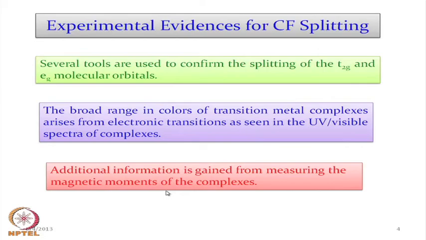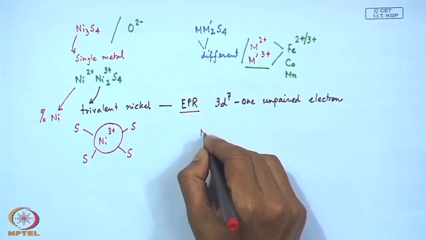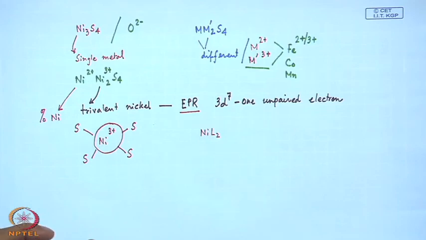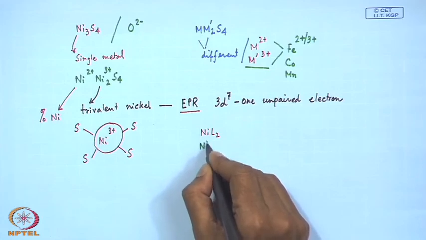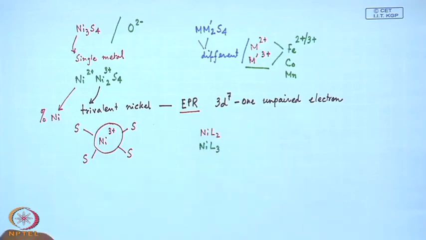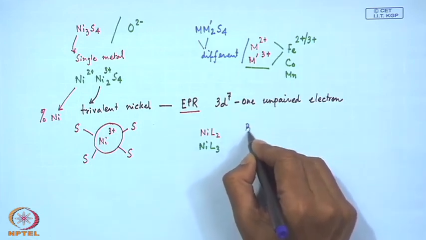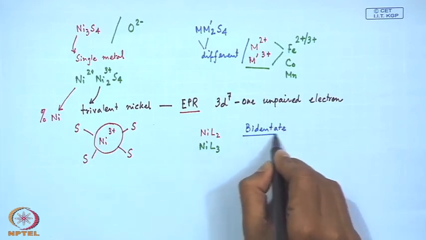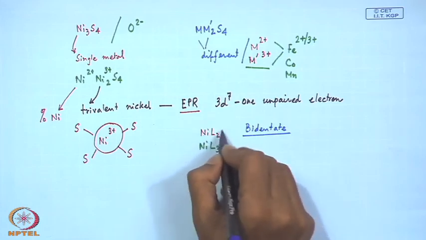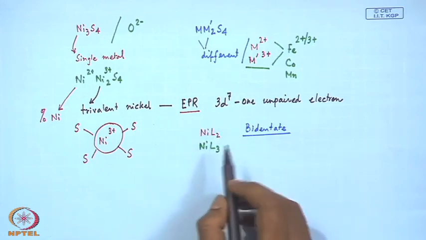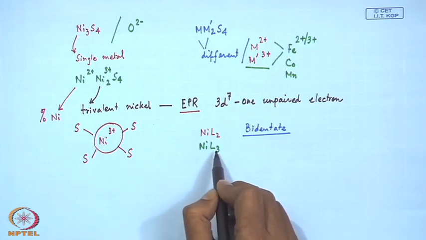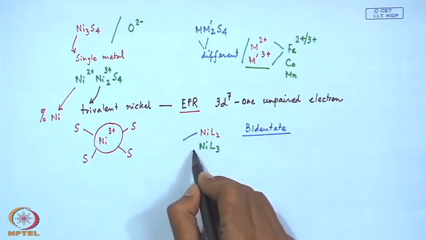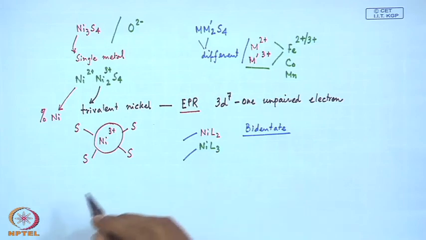So if we have a particular metal complex, say NiL2 or NiL3, and if L2 and L3 are all bidentate ligands, we will find that we can have two geometries due to the presence of two such ligands and another geometry due to the presence of three such ligands, and we can have different magnetic properties.